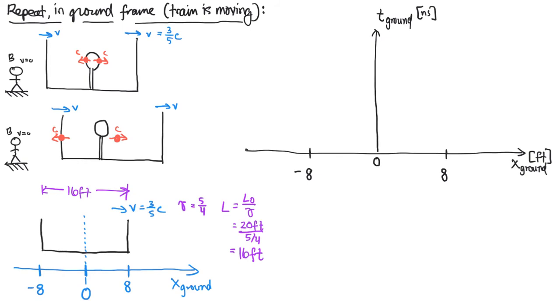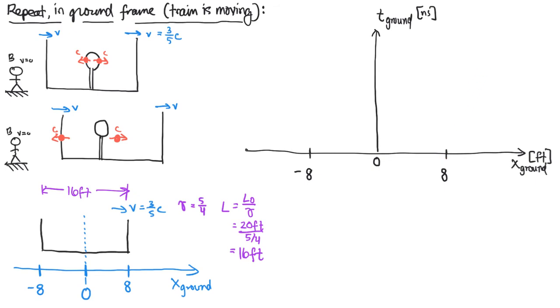If the train were at rest, its walls would have world lines that were straight up and down, but the train is moving in the ground frame, right? So as time goes on, the position gets further to the right. So instead of having a vertical world line, we'll have world lines that are tilted. And the amount of tilt, the slope of those world lines, depends on the velocity.